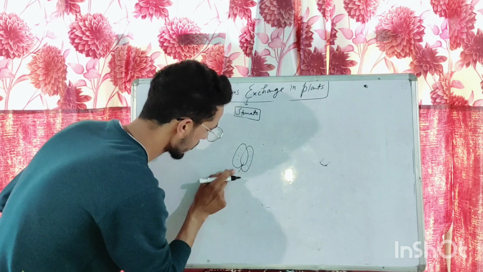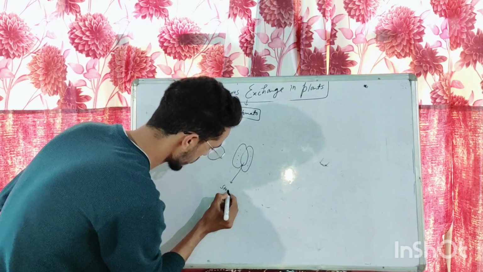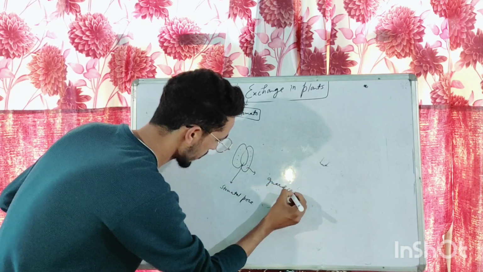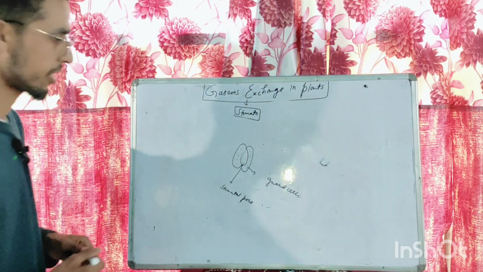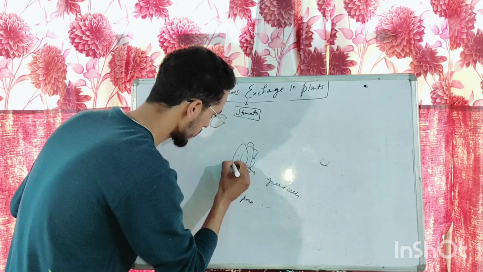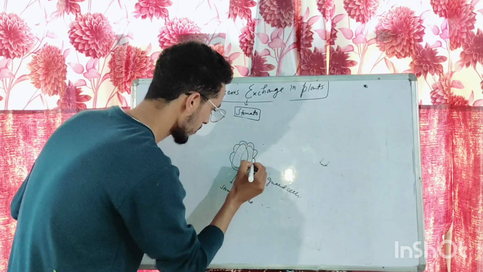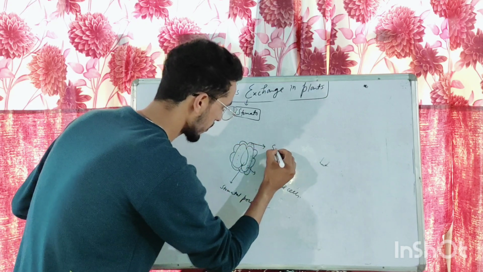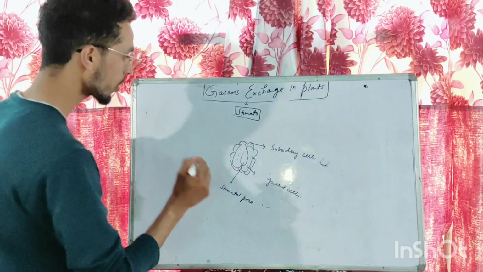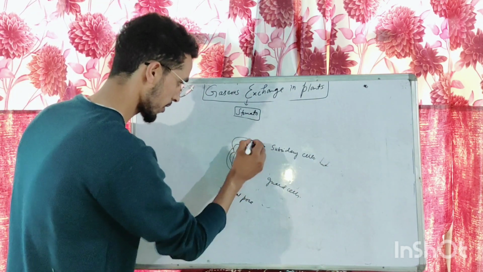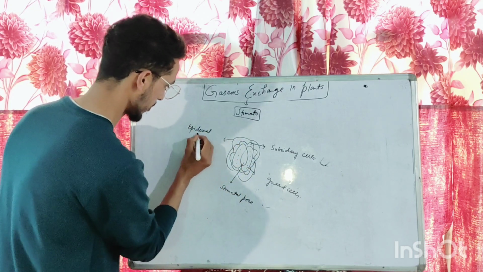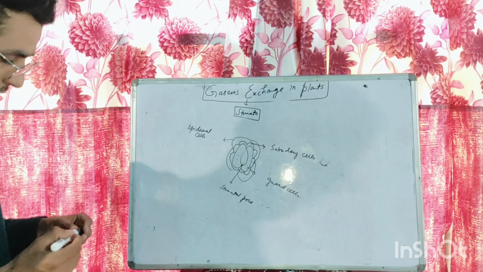Around these guard cells there are some other cells called subsidiary cells, and the outer layer of the subsidiary cells are called epidermal cells. This is the whole structure of stomata.